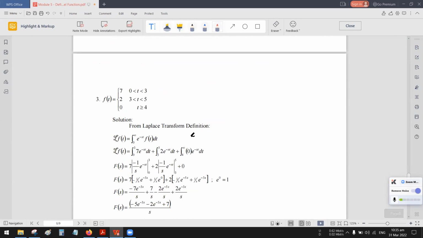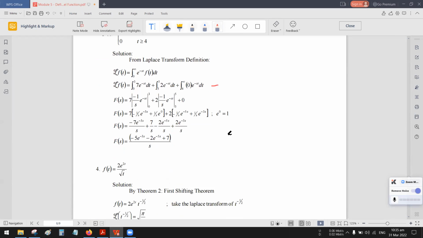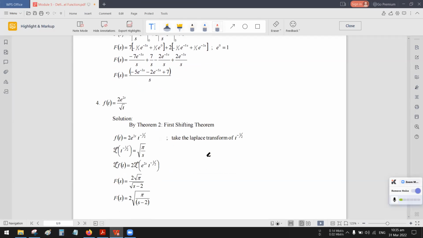Dito naman, so we use the Laplace transform definition for this case. Yun yung sa example natin kanina on how to prove the definition of Laplace transform. Then we apply the integral, no? Integration by parts dito. So substitution. Then apply the integration by parts, then yung limits. Ano pa ba? So ito by theorem number 2 naman. So first shifting theorem.